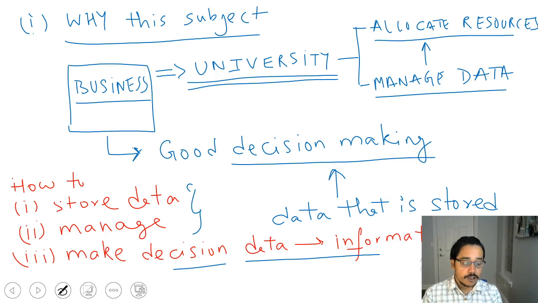So again, to recap the things that we discussed, for any business, whether it be profit or non-profit, for it to be successful, what is important is for it to be able to make good decisions. Good decisions are all about allocating the resources that they have. It could be materialistic, non-materialistic, financial allocations, and how to structurally store the data that is generated by all the entities within that ecosystem, right?